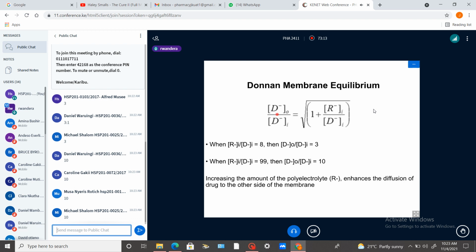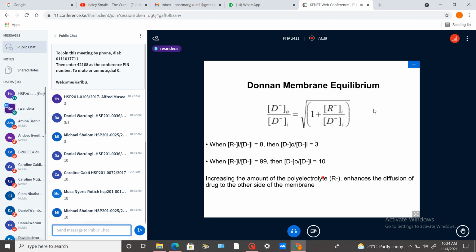You'll have 10 times the amount of your diffusible drug outside the membrane as compared to inside the membrane. So by increasing the amount of your negatively charged colloidal particle, you tend to enhance the diffusion of your negatively charged drugs to the other side of the membrane.